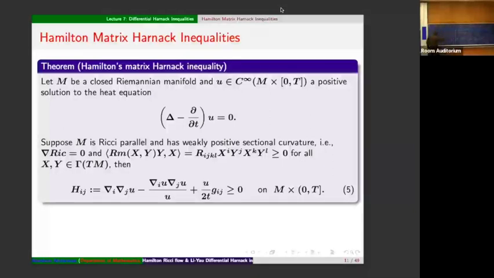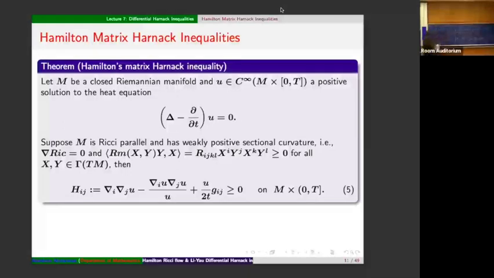So there you have Δu minus |∇u|²/u plus n/(2t) u greater or equal to 0. And this easily implies, since u satisfies the heat equation, that we can substitute u_t for Δu, so u_t over u minus |∇u|² over u² minus n over 2t is greater or equal to 0.